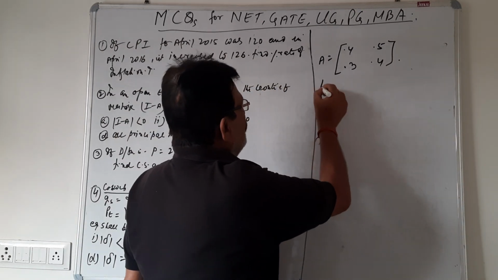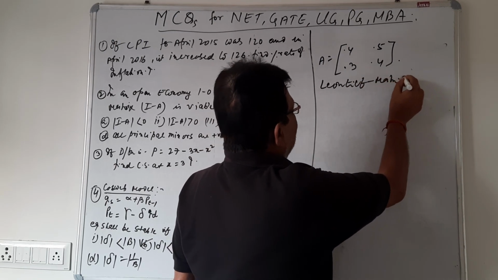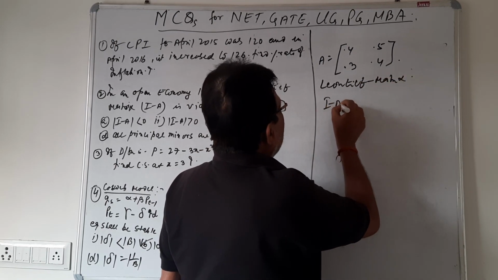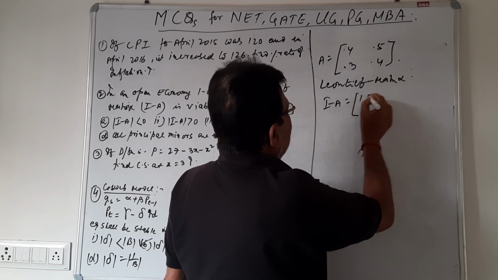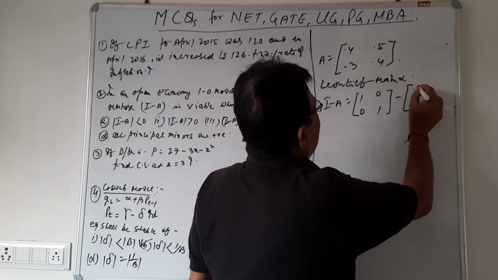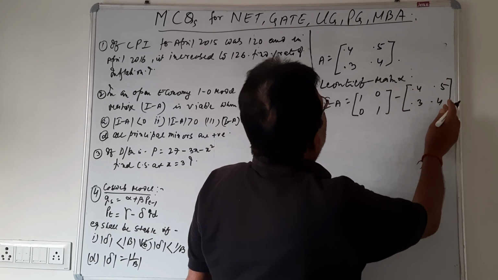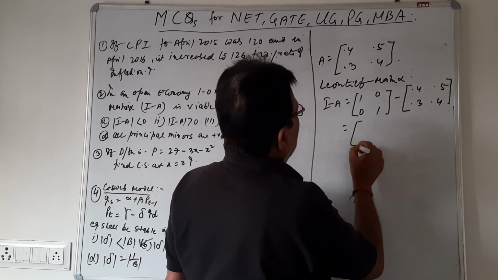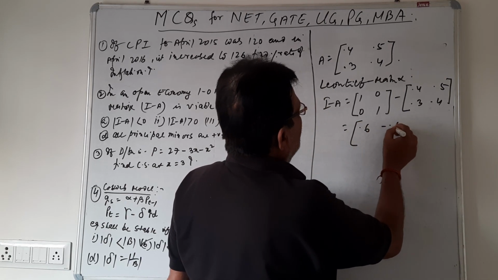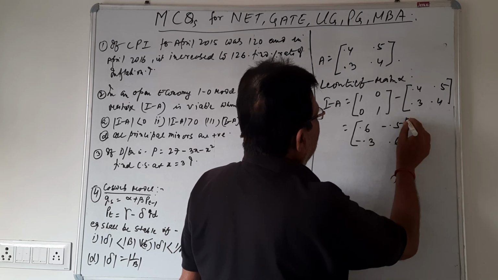Now the Leontief matrix is defined as I minus A, that is, identity matrix minus A, so 0.6, minus 0.5, minus 0.3, and once again 0.6.